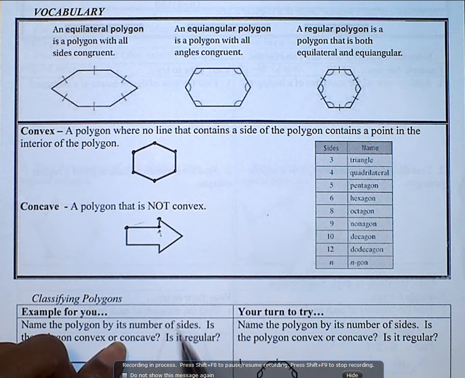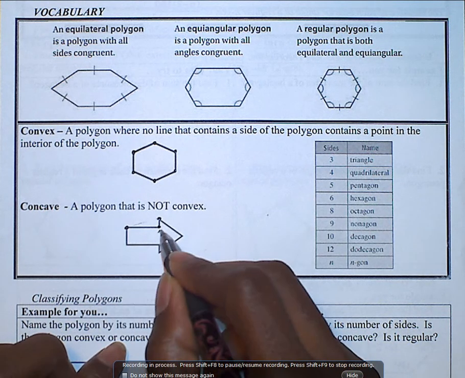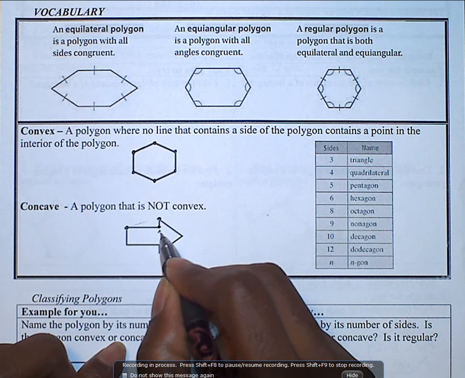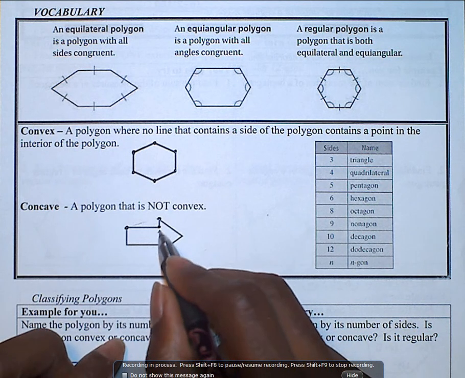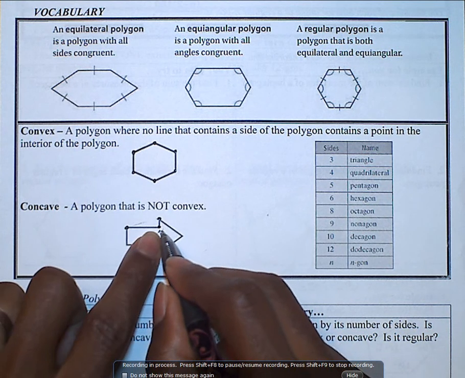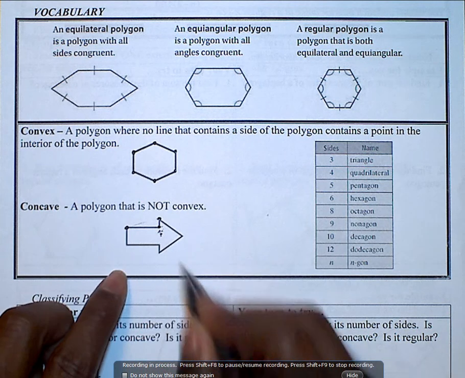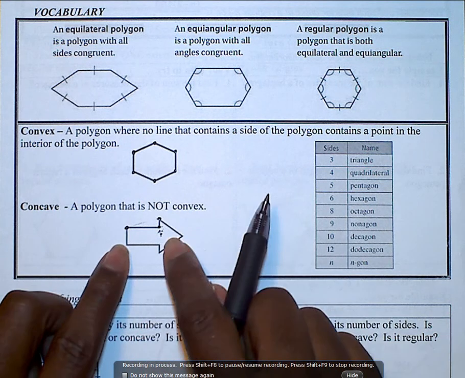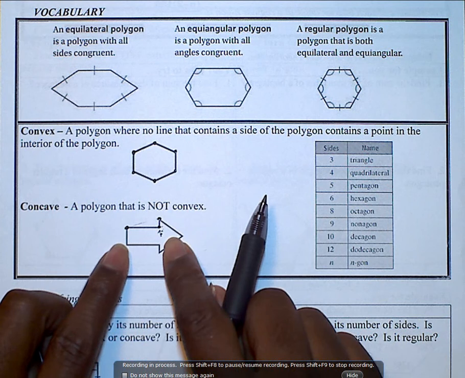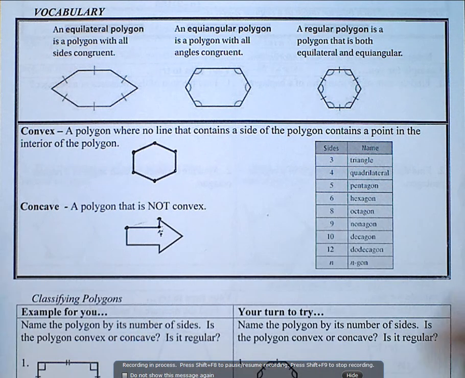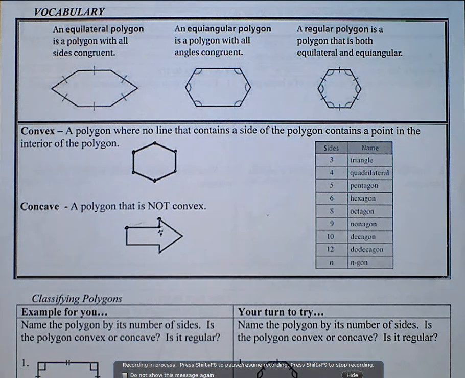So you know this is an interior point because the side contains an interior point of the polygon, because a vertex is in the interior of the polygon, this would not be considered a convex polygon. I mean, a concave polygon is concave because it's caved in. That's how I remember it.